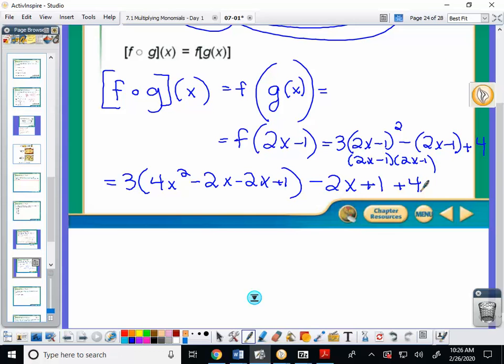Keep going. I'm going to go ahead and distribute my 3. I could add like terms if I wanted. I've got 12x squared minus 6x minus 6x plus 3 minus 2x plus 1 plus 4.